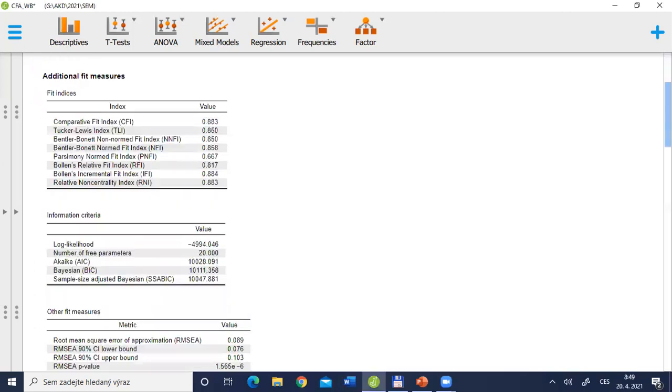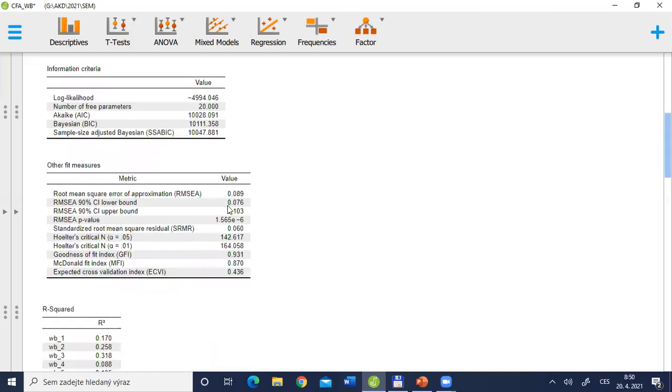So let's go to these additional fit measures. First of all, here we have CFI and TLI. Once again, these are the most commonly applied additional fit statistics. We can also discuss RMSEA, and there is also the value of SRMR in the same table.